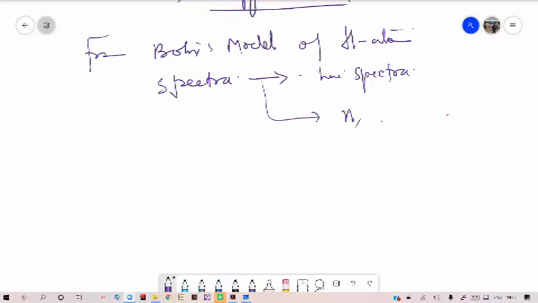Then we saw that corresponding to n there is l, then we have ml, ms, and then mj. These are the different quantum states. But from Bohr's theory, we do not have all of these. We only have n and l.